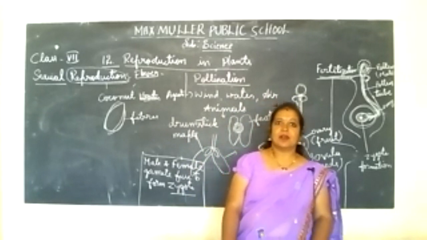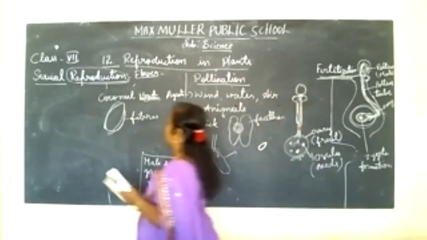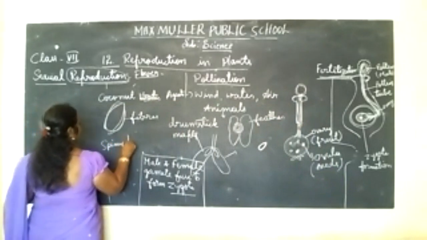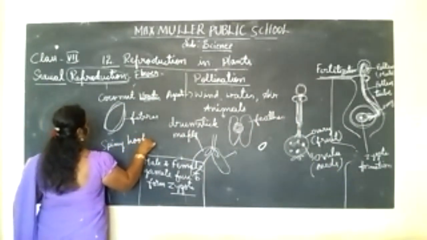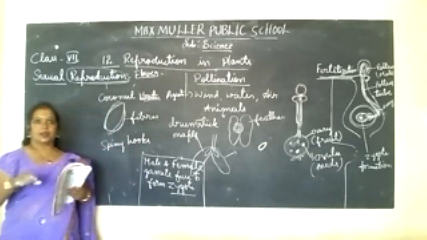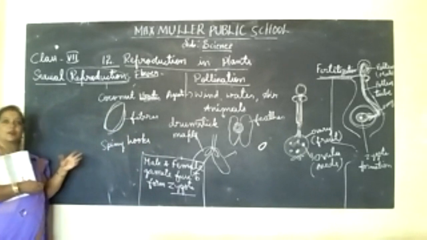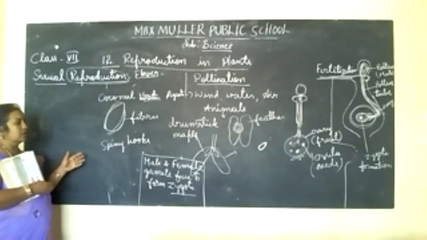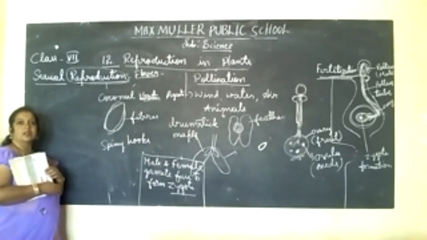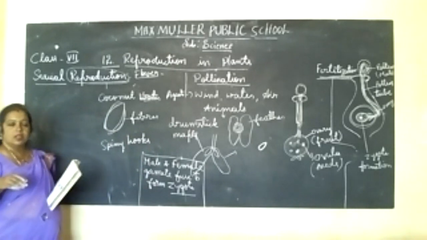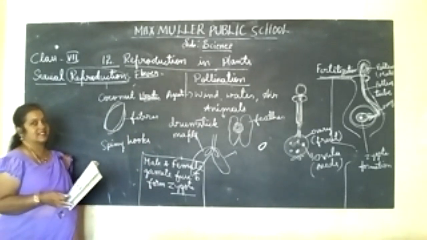Like that, some seeds have spiny hooks or spines on their body, so they attach to the skin or the hairs on an animal's body. They stick to the animal, and wherever those animals wander, they disperse these seeds.